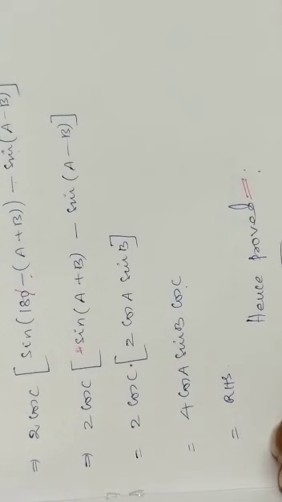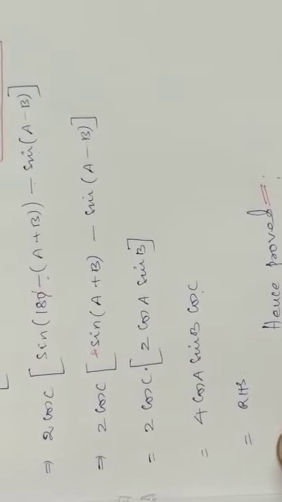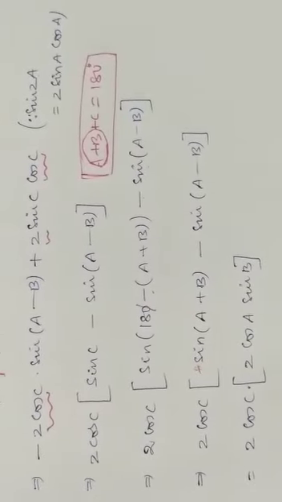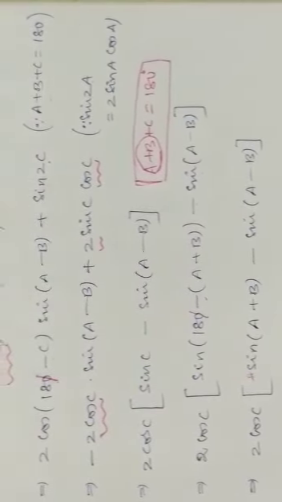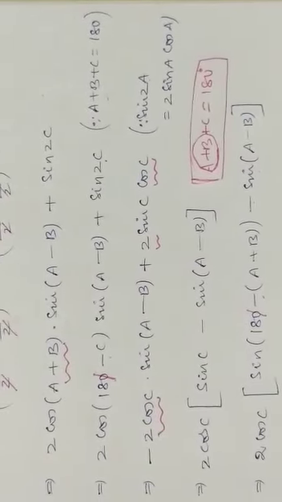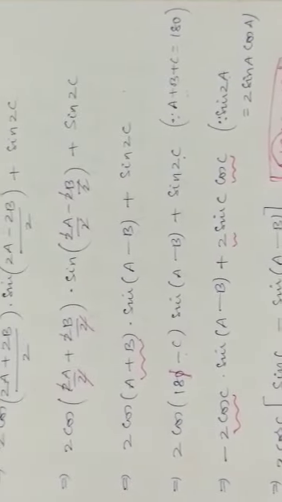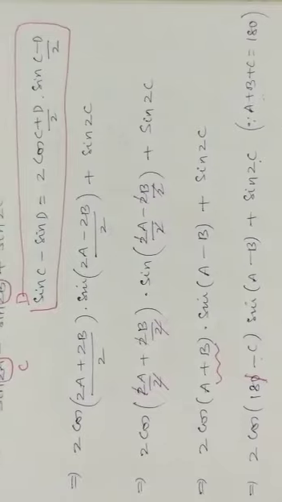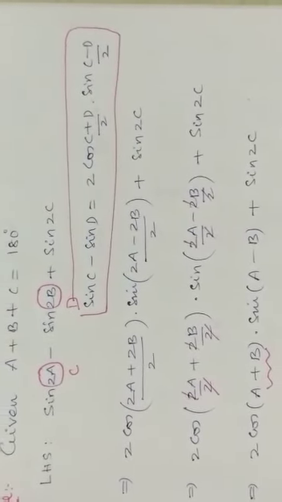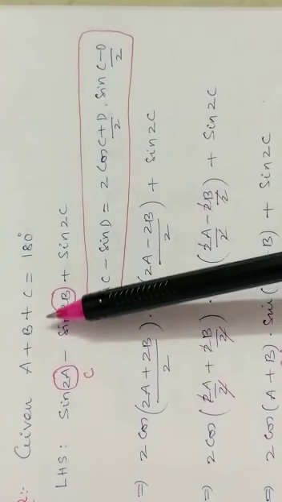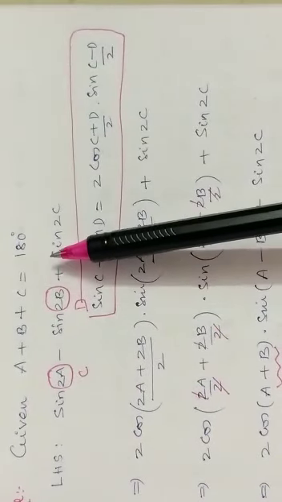So let us once again have a glance at this problem, which will help us understand it better and do the rest of the problems easily. See here, the hypothesis given is a plus b plus c equal to 180.